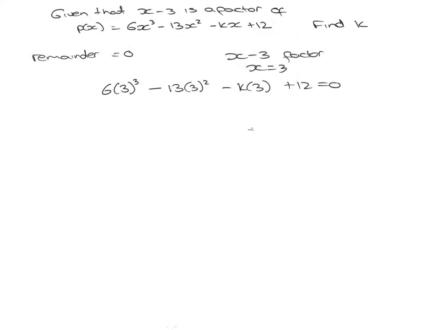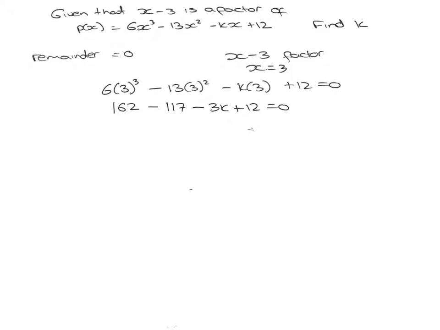So 6 times 3 cubed is 27, 6 times 27 is 162, minus 13 times 3 squared, 13 times 9 is 117, minus 3k plus 12 equals 0.